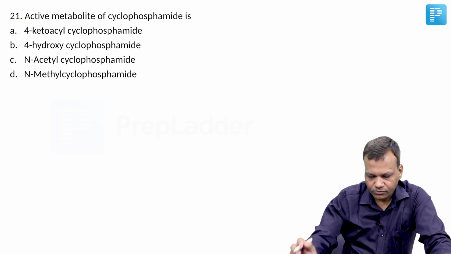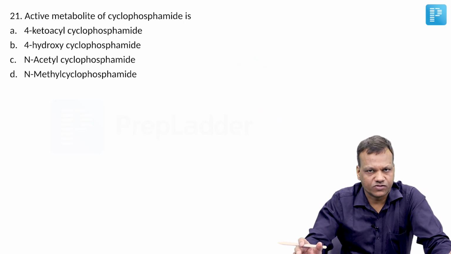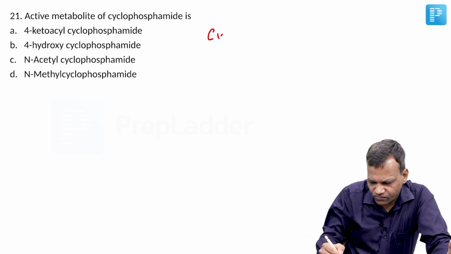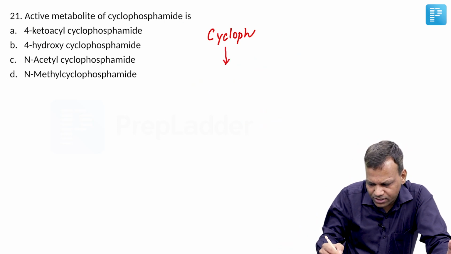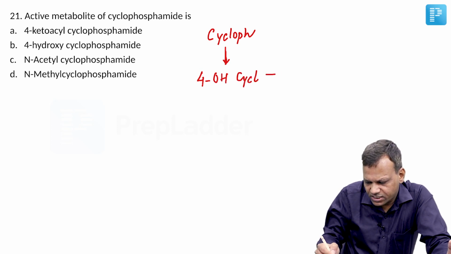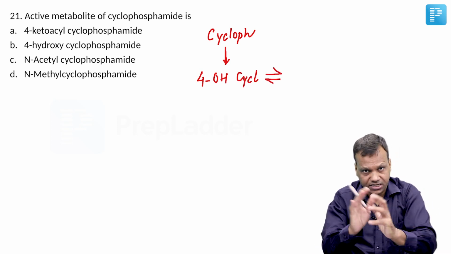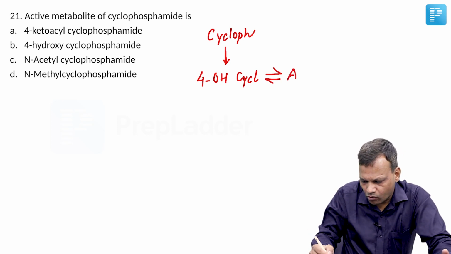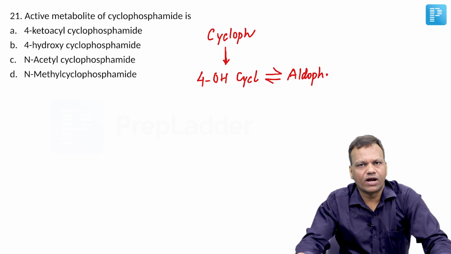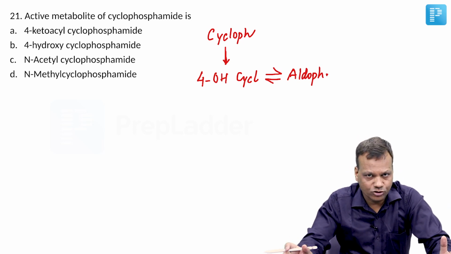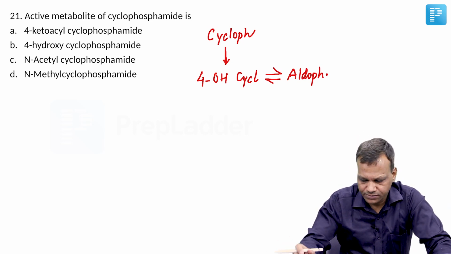Next question, active metabolite of cyclophosphamide. We all know cyclophosphamide is an anti-cancer drug. Cyclophosphamide is metabolized to form 4-hydroxycyclophosphamide, which is a tautomer, that means structural isomer, of another compound called aldophosphamide. So aldophosphamide and 4-hydroxycyclophosphamide are a type of isomer known as tautomers.